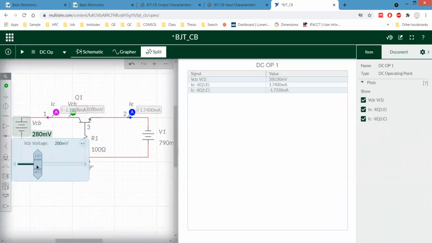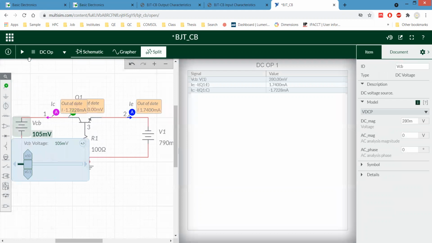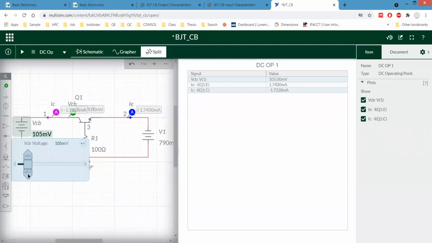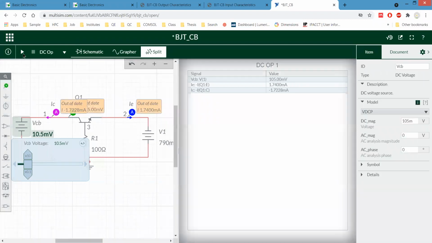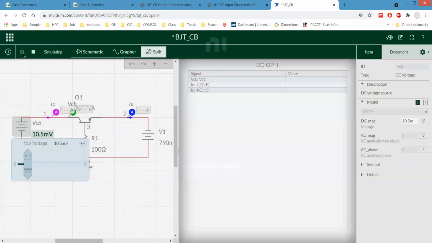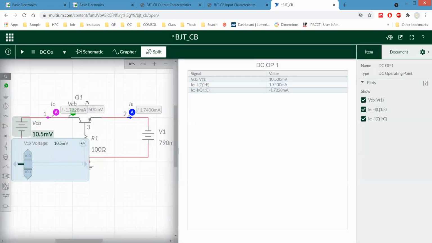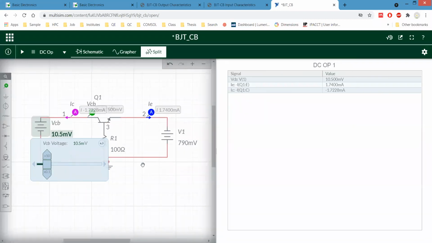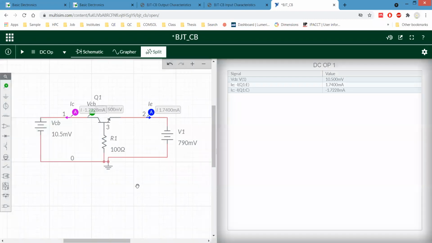Still saturated. No, it cannot be the case. Maybe there are some glitches. For 10 millivolt, how would it reach the saturation region?